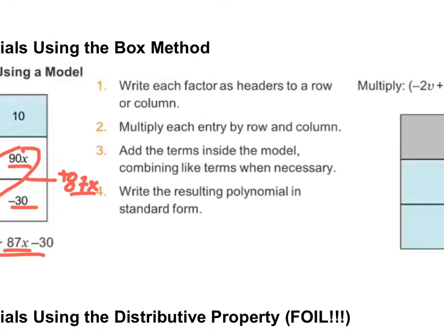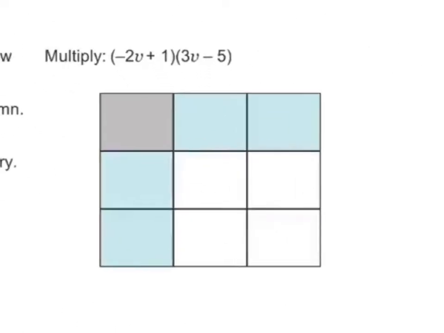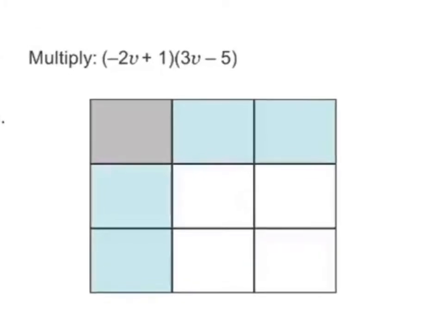So let's go ahead and do that for this model over here. I'm going to multiply this binomial, so I'm going to put my first binomial, negative 2v and then my 1 here. And then this other binomial, 3v minus 5: put my 3v down here, and then I put my negative 5.